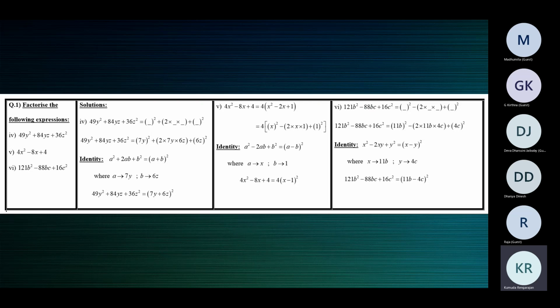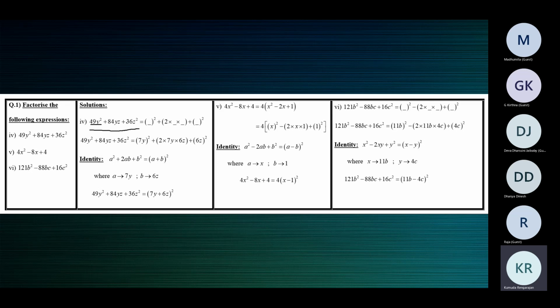So in the 4th, we have 49y square plus 84yz plus 36z square. There are 3 terms which may be of the form a square plus 2ab plus b square. We would like to check if these 3 terms can look like that. a square plus 2ab plus b square has 2 perfect squares, a square and b square.